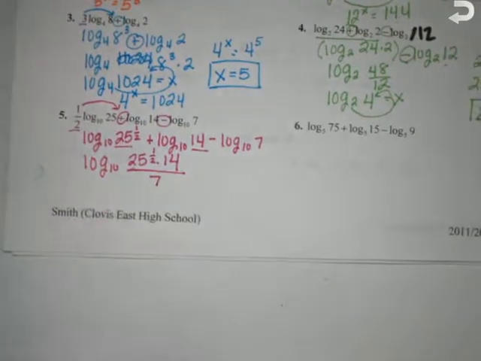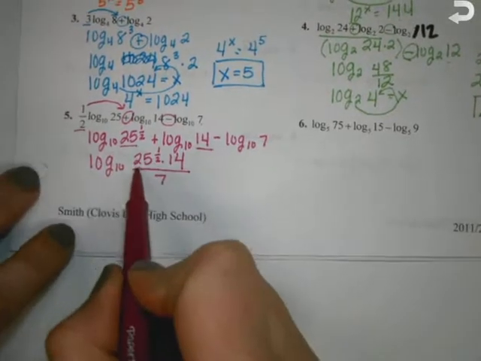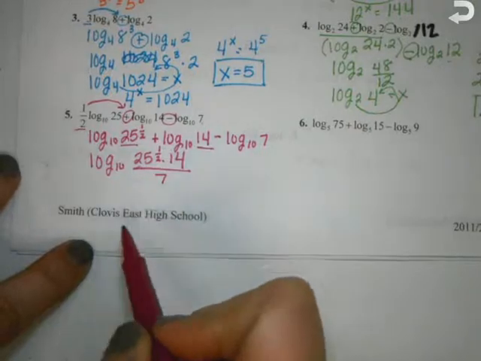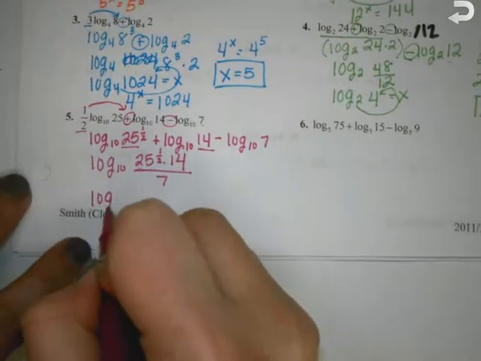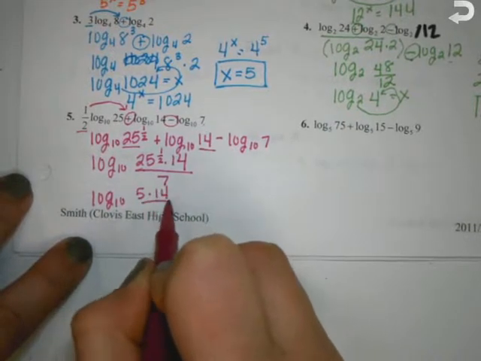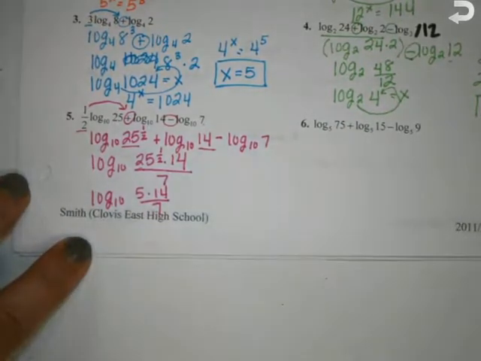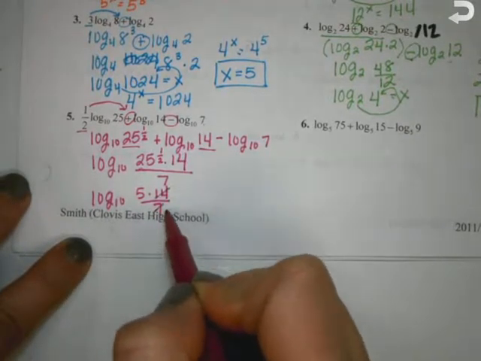Philip said, isn't 25 to the 1/2 the square root of 25? The answer is yes. So that's going to be log base 10 of 5 times 14 over 7. And then Tamo said, couldn't we divide first? The answer is yes again. 7 goes into 7 once, and 7 goes into 14 twice.